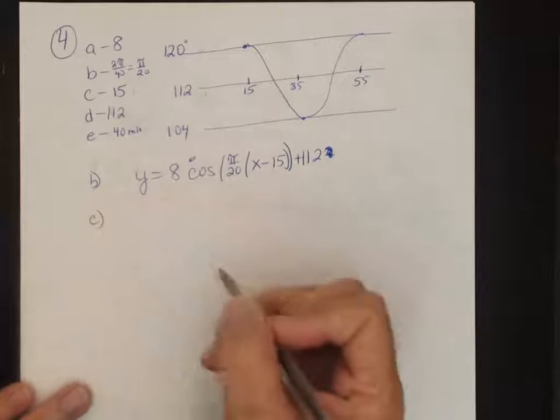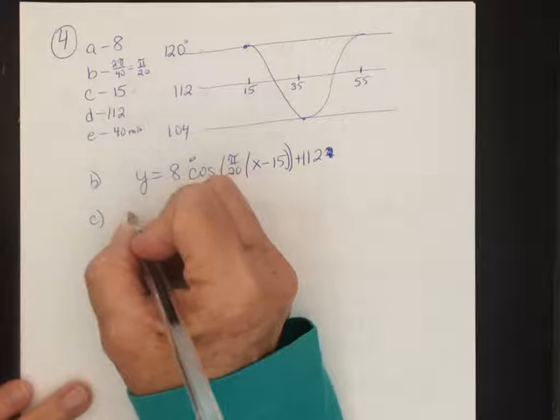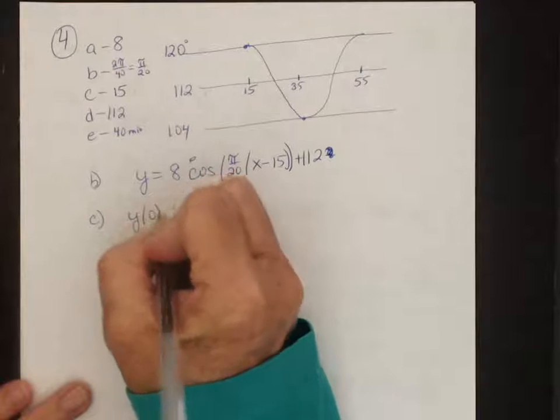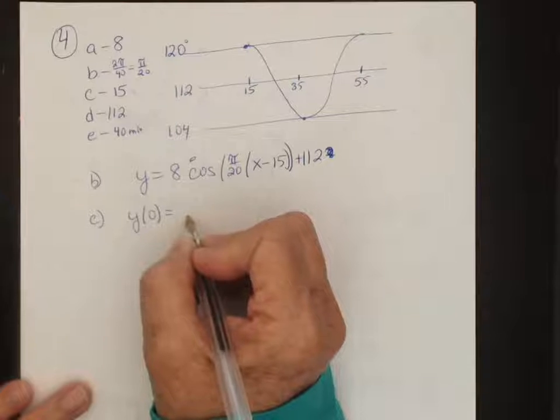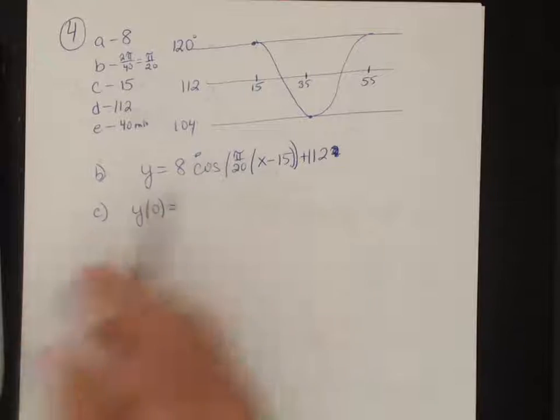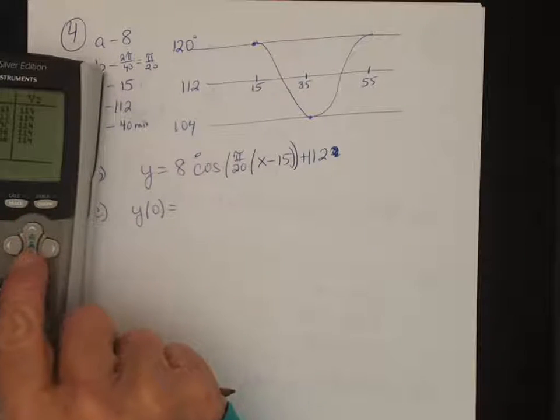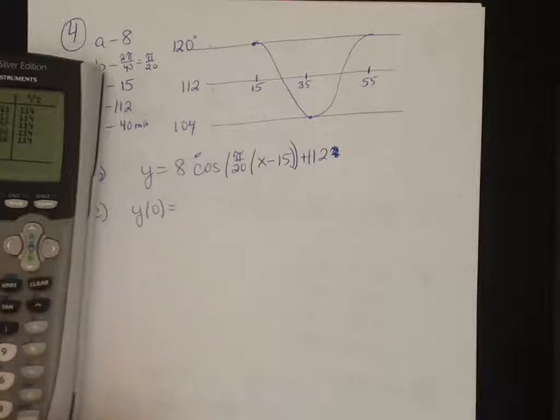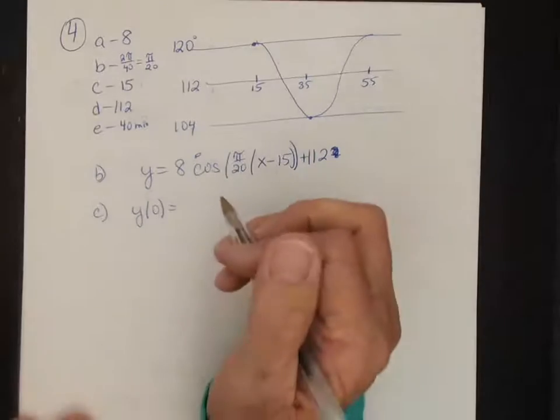Part C then asks us at what temperature, so what we're trying to find is y at 0. So at time 0, what was the temperature? So I'm just going to go to my calculator and put in a 0 to see what value we get. Oops, is that right?